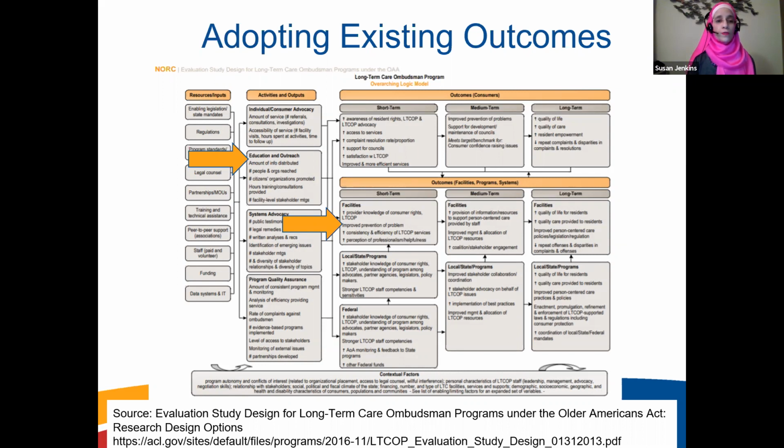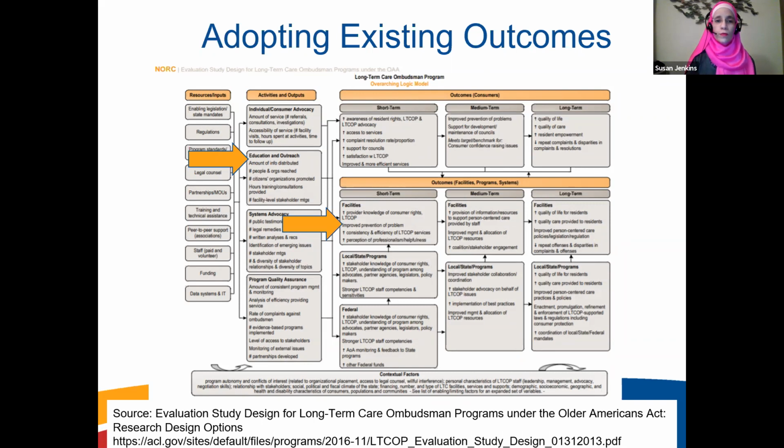The relevant outcomes would be at the facilities line, related to improved prevention, provision of resources, and improved quality of life of individuals. You could group all of your training and education activities under these outcomes to compile a statewide and program-wide statistic related to training of any type that's relevant to the prevention of abuse, neglect, and exploitation.